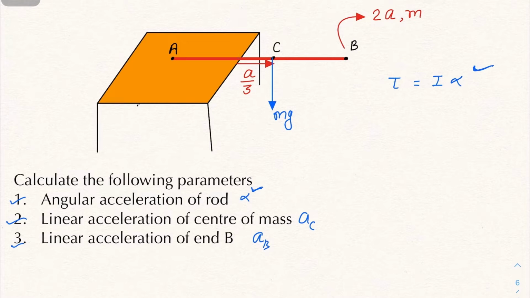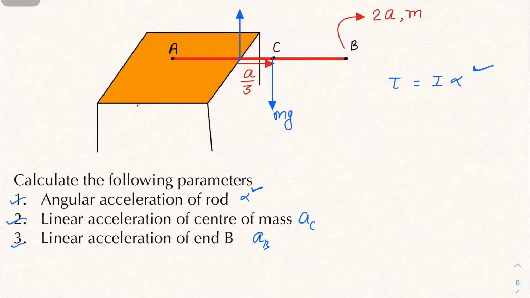Now you can ask, sir, how did you know that the normal will act exactly at the edge? Well, very soon the rod will lose contact at all other points, and this rigid rod will have contact at the edge only. And we know that the normal acts at a contact point.